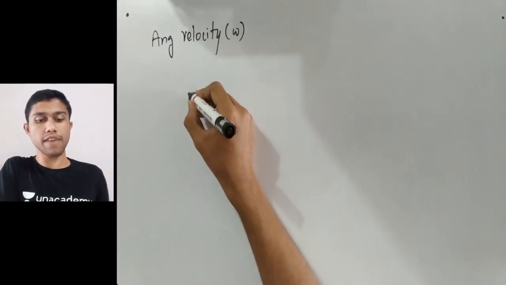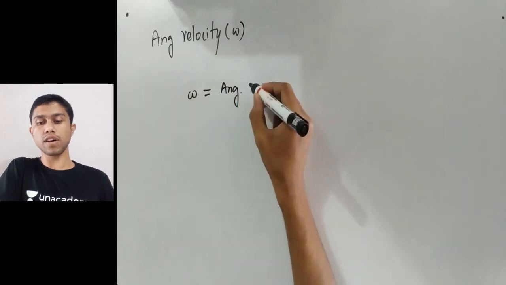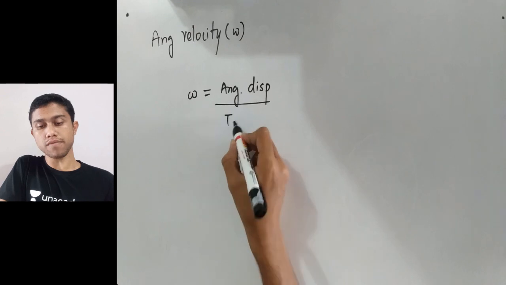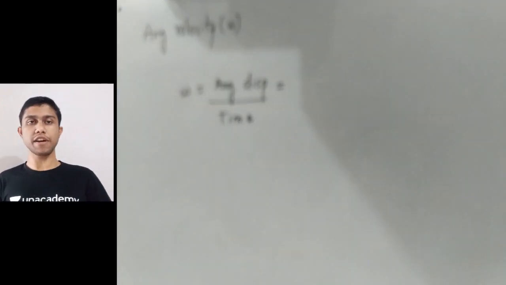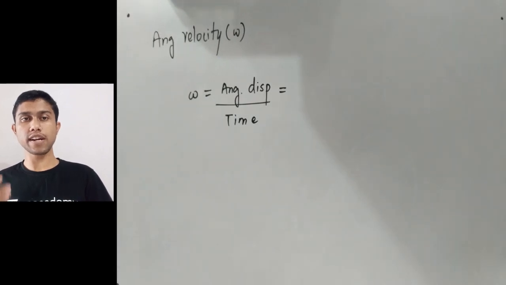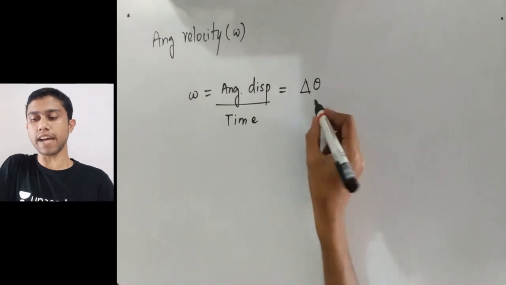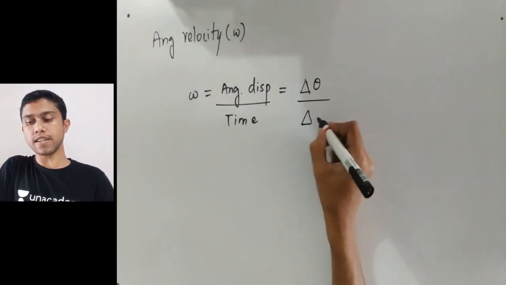The formula which we have is omega equals angular displacement upon time. We have learned earlier that angular displacement is given by delta theta, and the time is delta t.